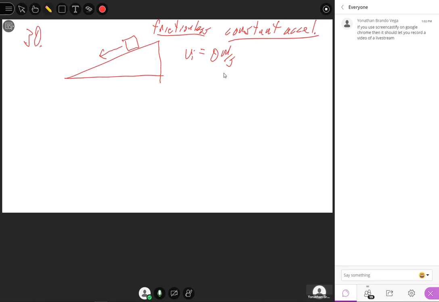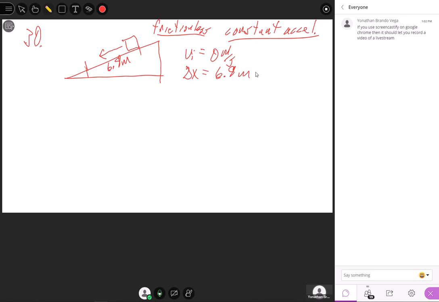And its speed after it has traveled 6.8 meters. So let's say from here to here, this is 6.8 meters. And by the way, that could be written as what? Change in x is 6.8 meters.